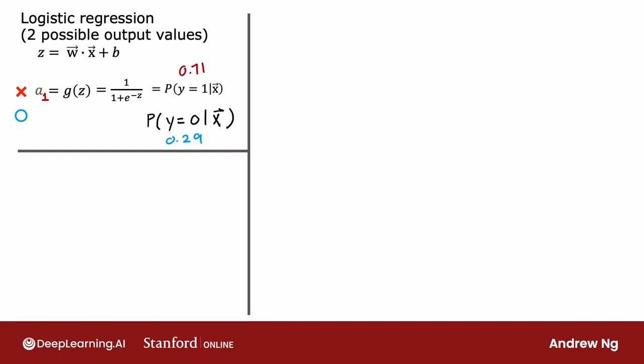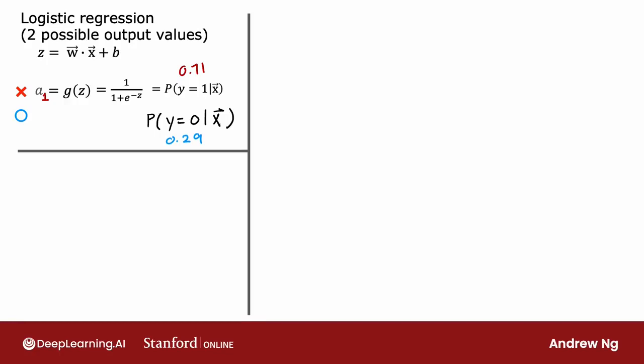So to embellish logistic regression a little bit, in order to set us up for the generalization to softmax regression, I'm going to think of logistic regression as actually computing two numbers. First, A1, which is this quantity that we had previously, of the chance of y being equal to 1 given x.